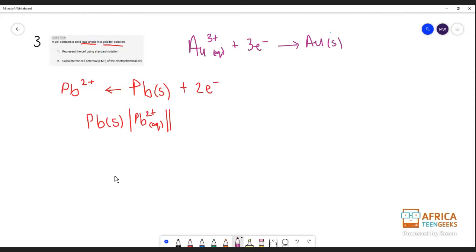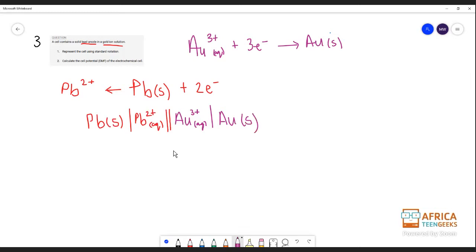And so if you were to write it in your notation, you would say Au3+, indicate that it is aqueous, write the phase change, and then show that it becomes a solid. That is the one that occurs at your cathode.